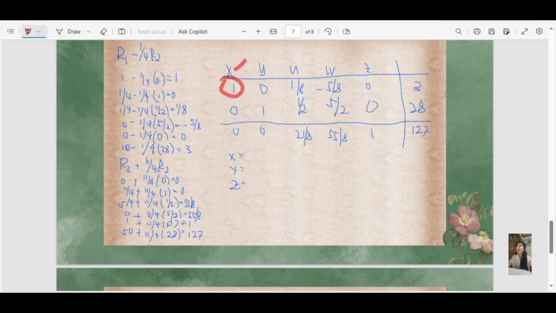Row 1 has the 1 under column x, that is 3, and y in row 2 is 28, and z is in the last row, it is 127.